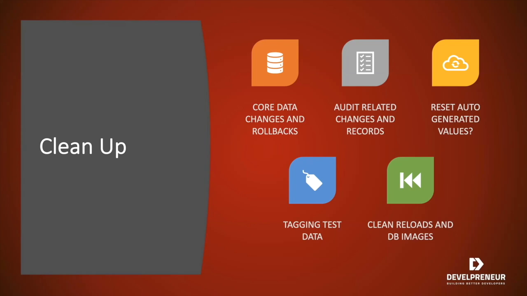The idea of a test image or a staging image or even data reloads has gotten a little better, but sometimes now with cloud databases, not as much. Because when you're dealing with a cloud database, sometimes there's a cost to those transactions, and it's expensive to run all those tests and then run a bunch more transactions to clean it up.